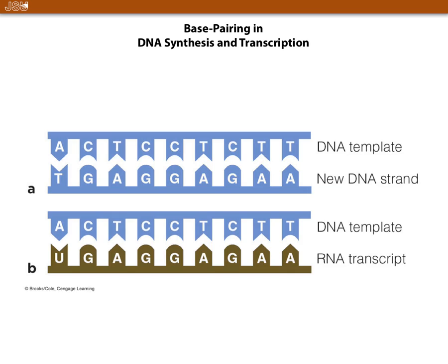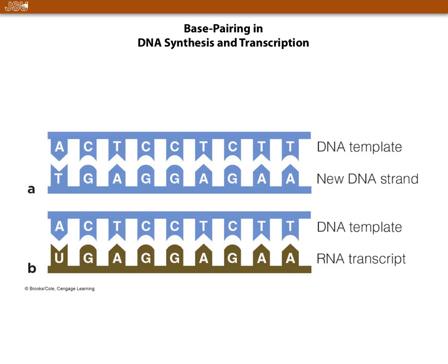DNA copy. Okay, so we have A and B, right? DNA template, new DNA strand. If we were to separate that DNA template and the new DNA strand and make RNA from the DNA template, look what happens. It's complementary to the DNA. The only difference is uracil and thymine.